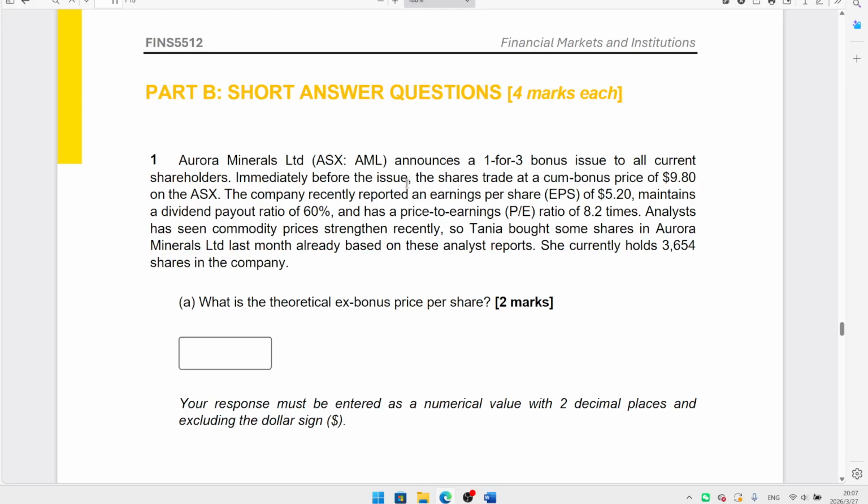The share price immediately before the issue is 9.8. The company recently reported EPS and is maintaining its dividend ratio and PE ratio.